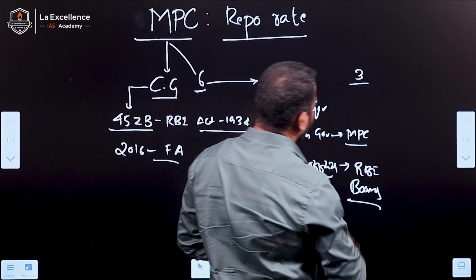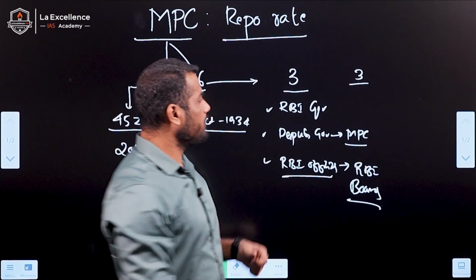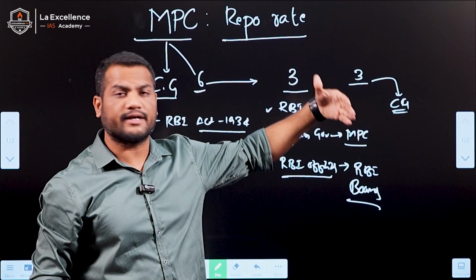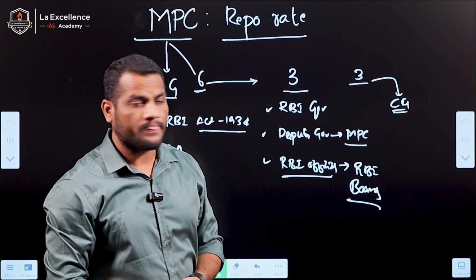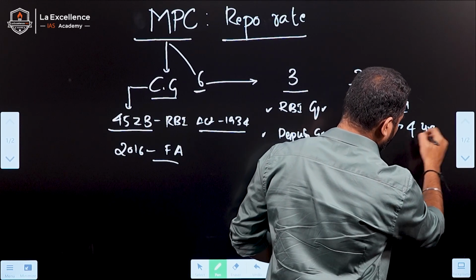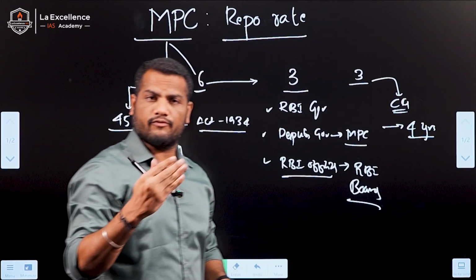The other 3 members are appointed by the central government, and they are appointed for 4 years.